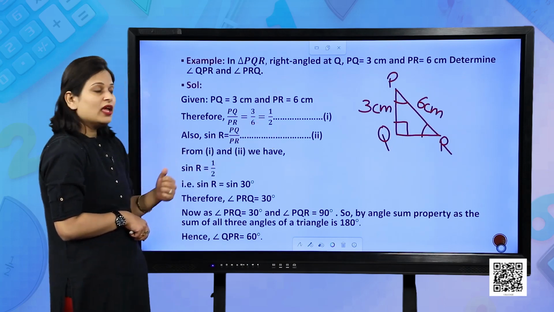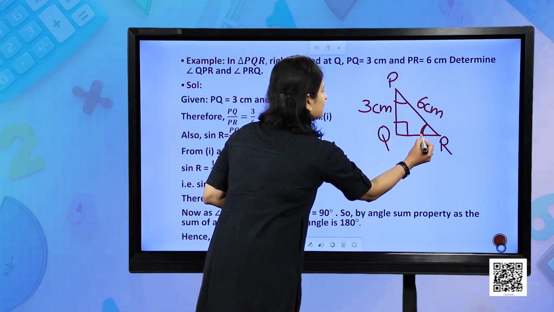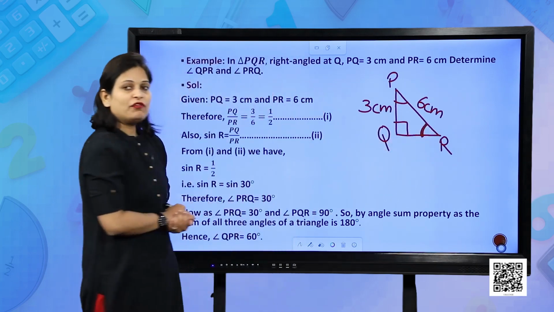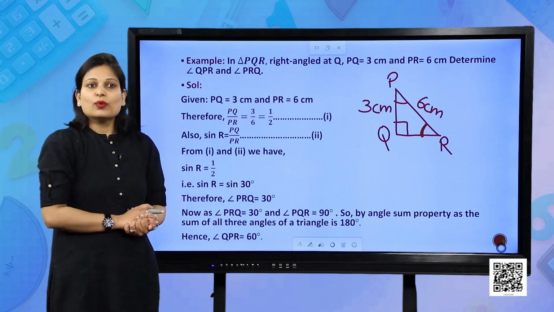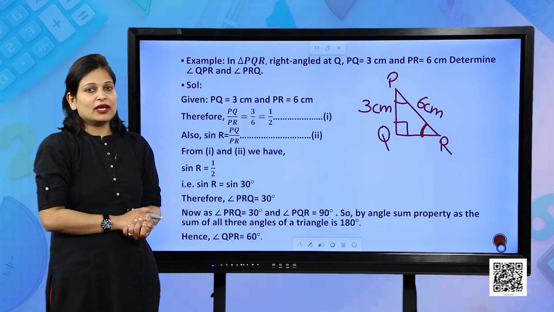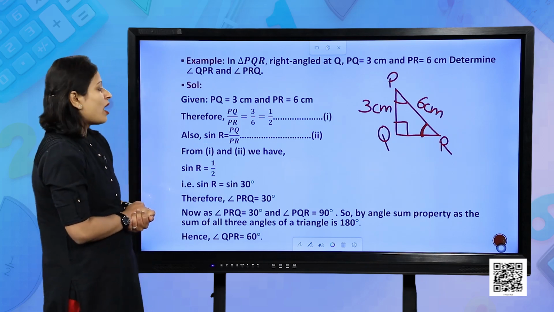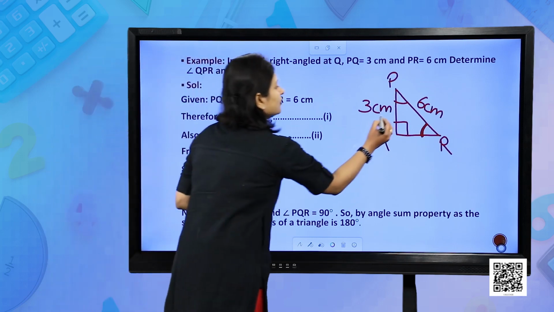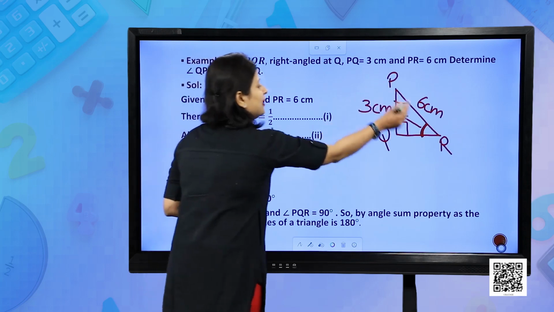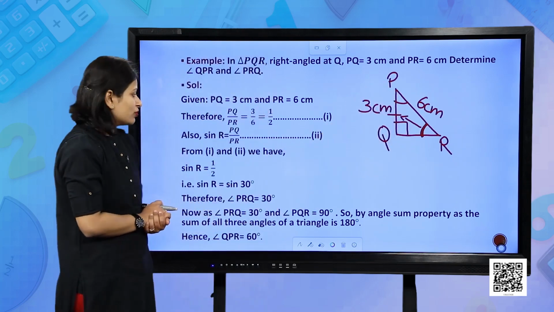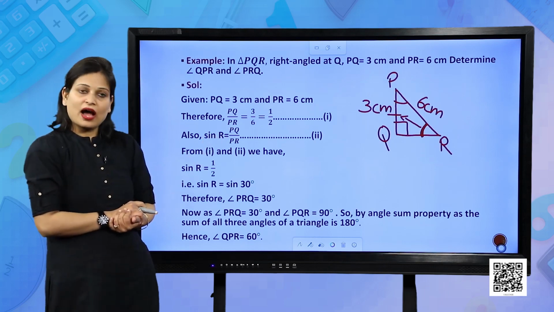Now also if I take angle R, what will be sin R? By definition, as you know, sine function is perpendicular upon hypotenuse. This is the perpendicular with respect to this angle and PR will be the hypotenuse. So, you can say sin R is PQ upon PR.